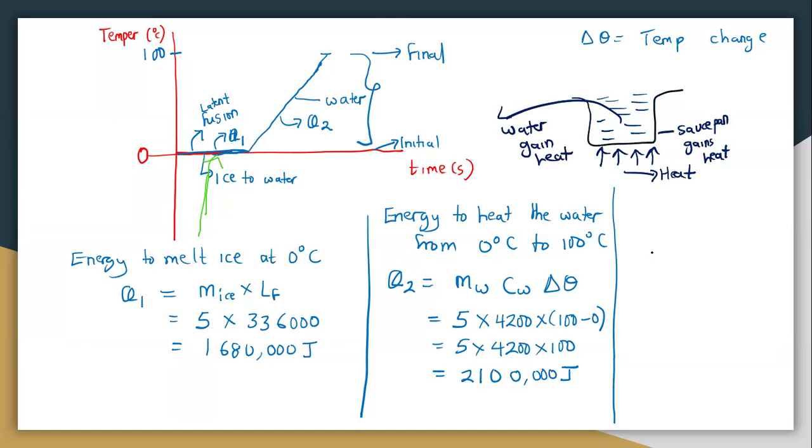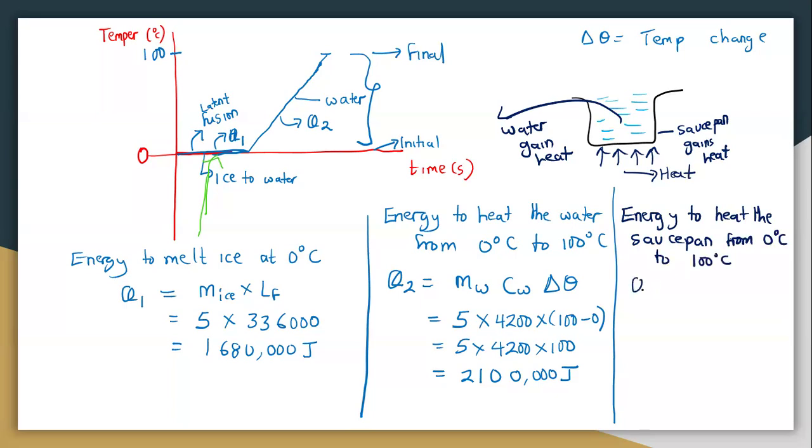So what does it mean? Since the water is gaining and the saucepan is gaining, we also need to find out the energy required to heat the saucepan from 0 to our temperature of 100. So we shall say here, energy to heat the saucepan, because it is the saucepan that will feel the heat first, from 0 degrees to 100 degrees.